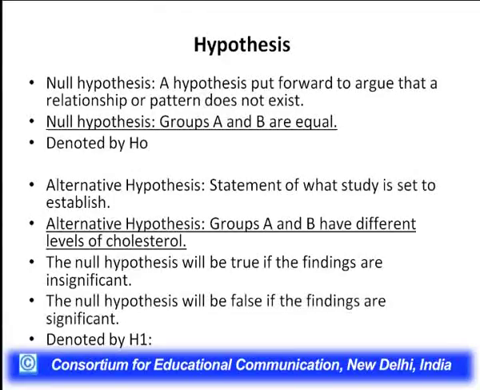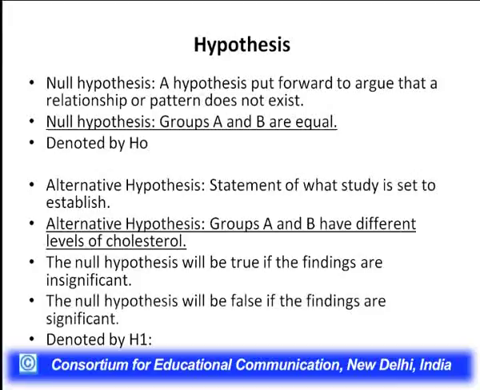The alternative hypothesis is a statement of what a study is said to establish. An example of an alternative hypothesis would be that group A and B have different levels of cholesterol. So you have the null hypothesis, that group A and B have equal levels of cholesterol, and the alternative hypothesis, which shows the difference between the two groups that you are trying to compare. The null hypothesis will be true if the findings are insignificant.